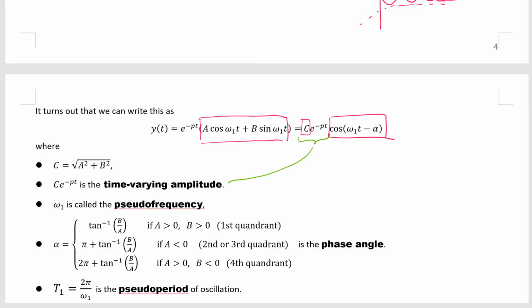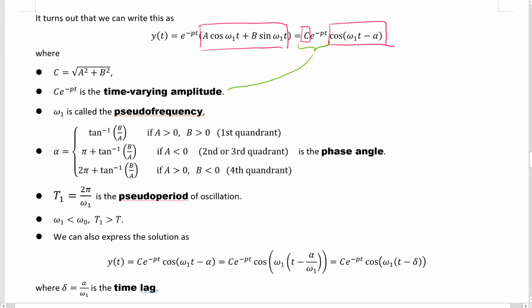And then here, we use T1 to distinguish from the free undamped case, right? Okay, so T1 is 2 pi over omega 1, the pseudo period of oscillation.